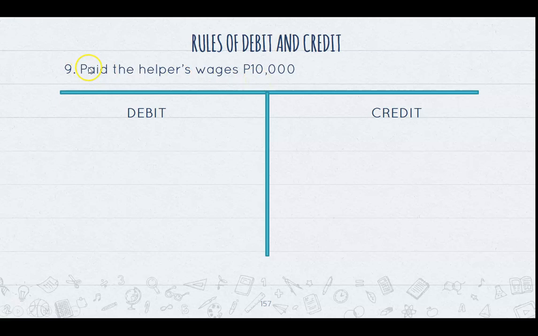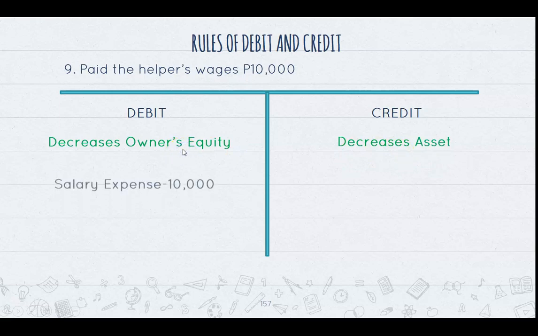O, again, nakita na naman natin yung paid. Tayo yung nagbayad or ikaw yung nagbayad sa iyong helper. Okay? So, anong nangyari? Okay, let us check. So, decreases owner's equity and decreases asset. Okay? So, let us check the account title and the amount. Salary expense.